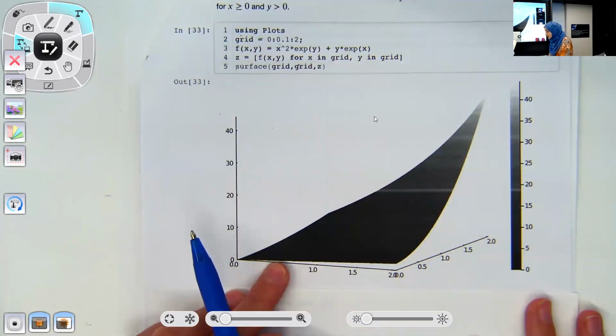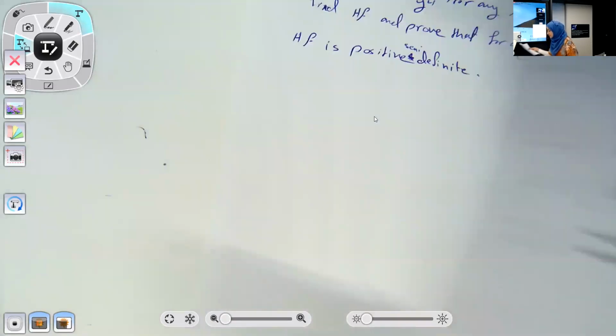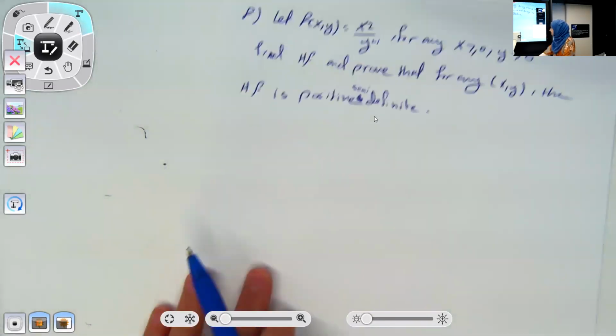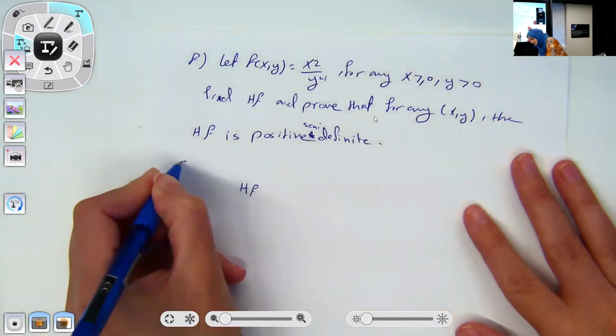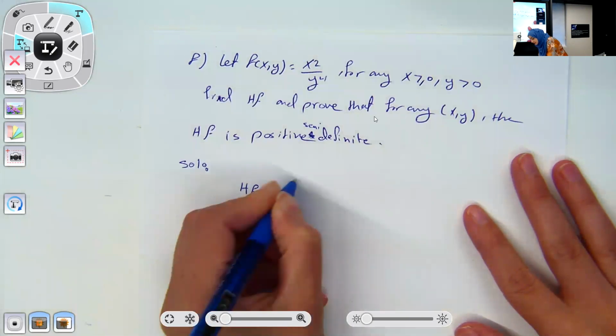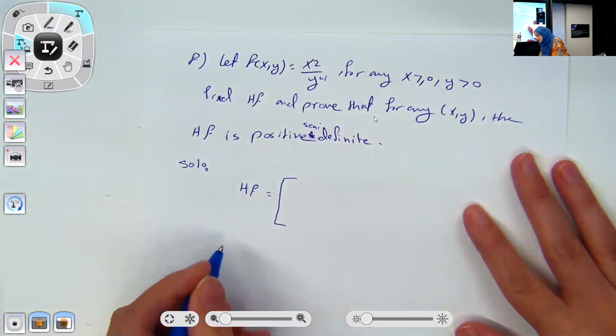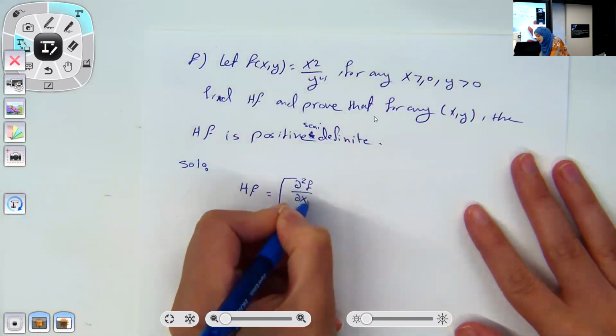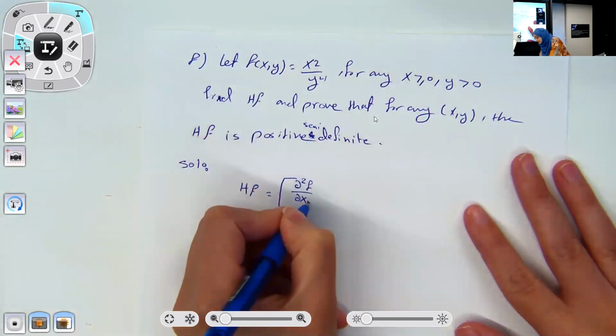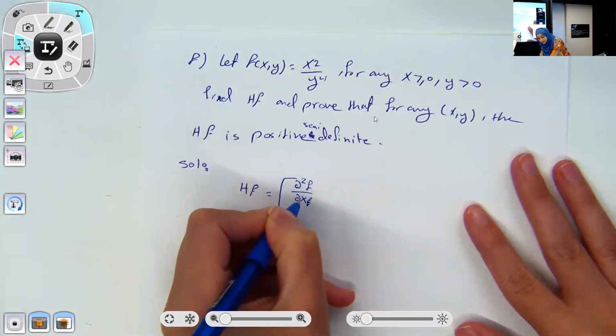And as the second step, we need to prove that it is positive semi-definite. Now let's try to find the Hessian matrix together. Because here we just have x and y, the Hessian is given by the second derivative of the function with respect to x.